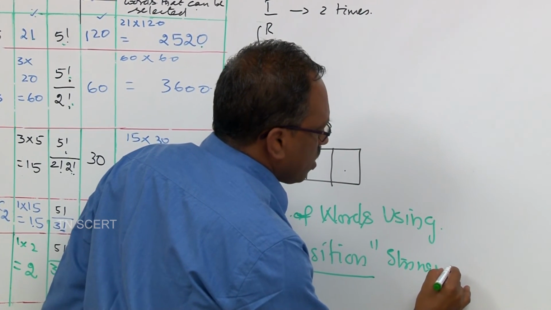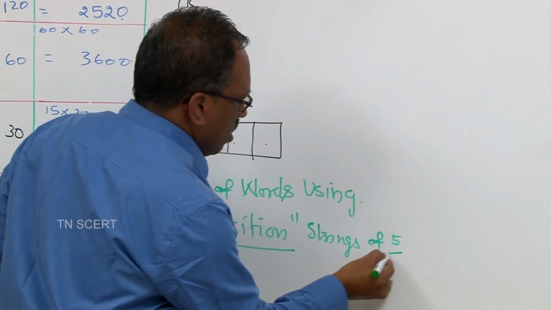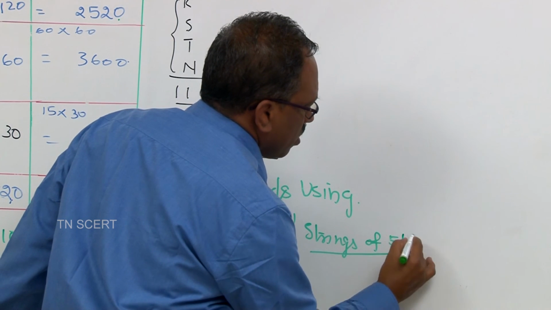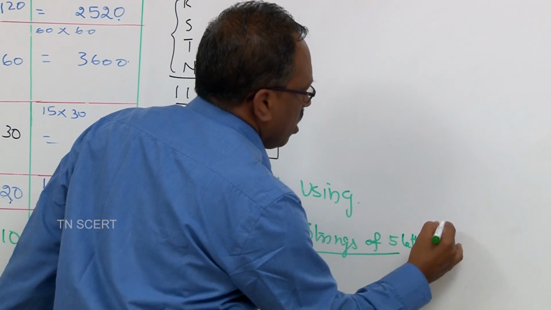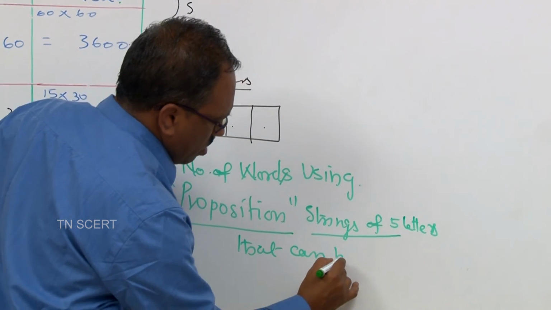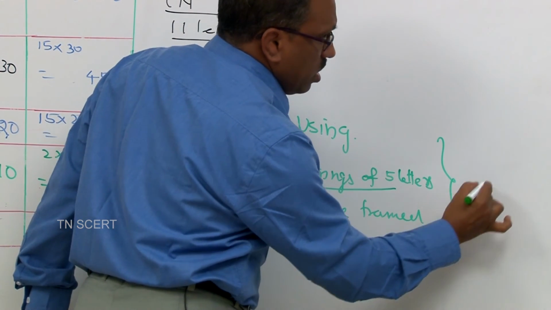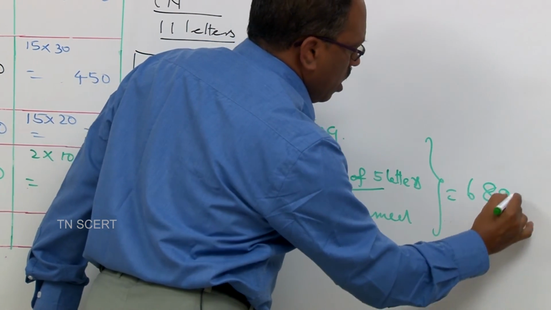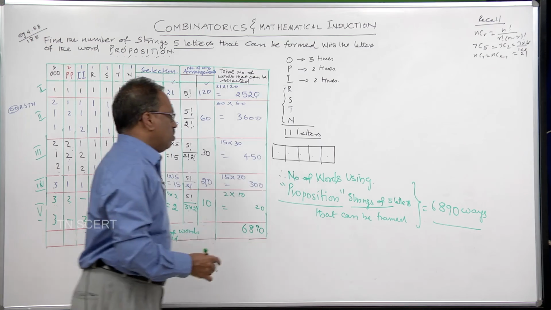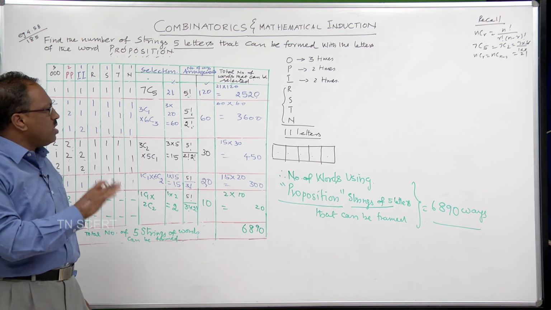Strings of 5 letter words, 5 letters, that can be framed. Totally 6,890 ways this can be selected. The words can be selected 6,890 ways. Very simple one.